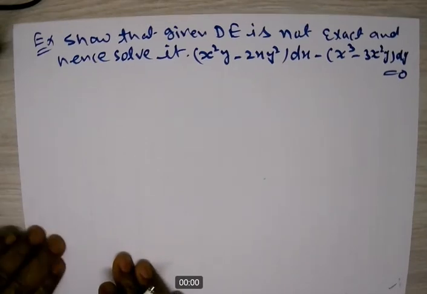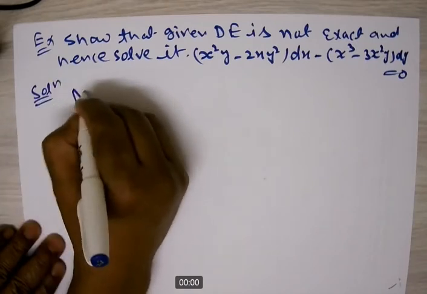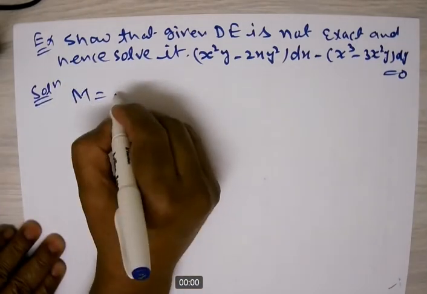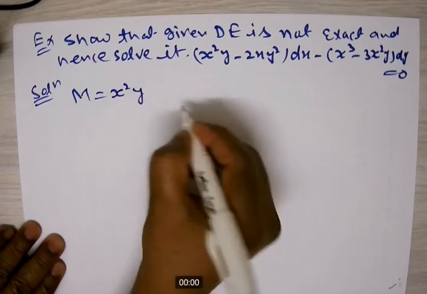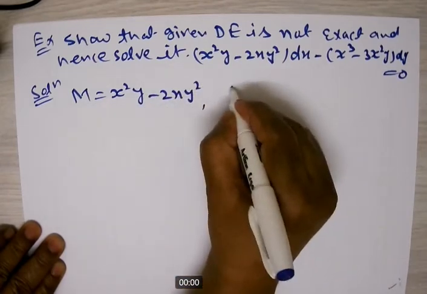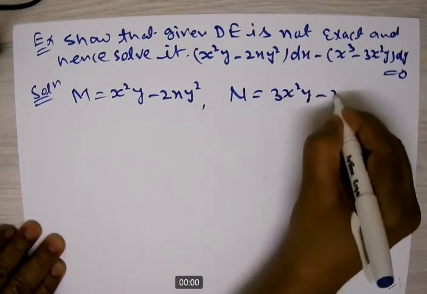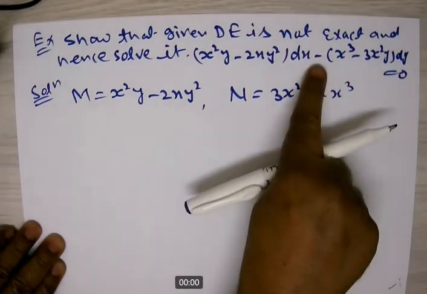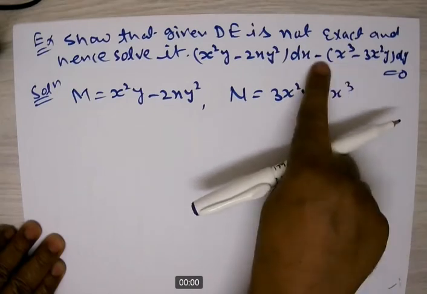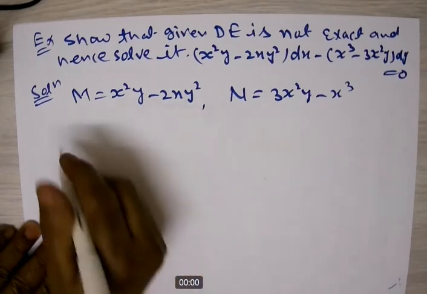First of all, we need to check it to get the solution. We write M equal to x square y minus 2xy square and N equal to 3x square y minus x cube. Just open the minus sign, so this minus becomes plus and this plus becomes minus.